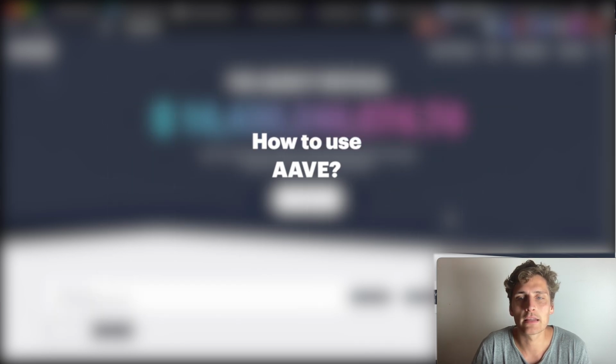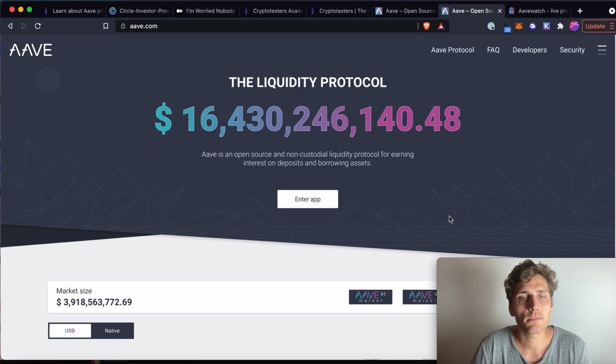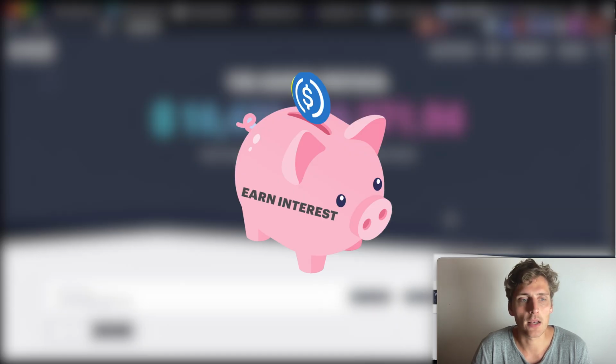Aave is one of the coolest applications in DeFi, hands down. Aave is a decentralized money market, or in more understandable terms, it's a lending platform. It allows anyone in the world to deposit an asset and earn interest automatically as soon as you deposit.